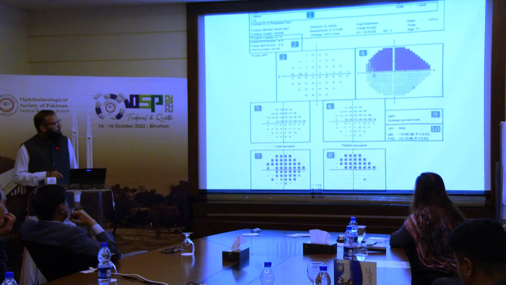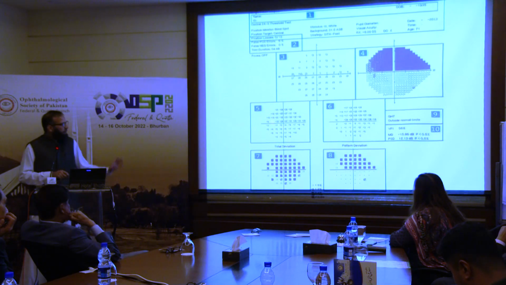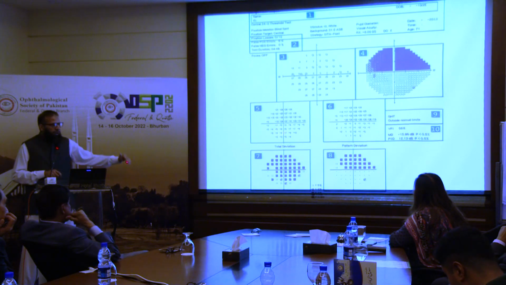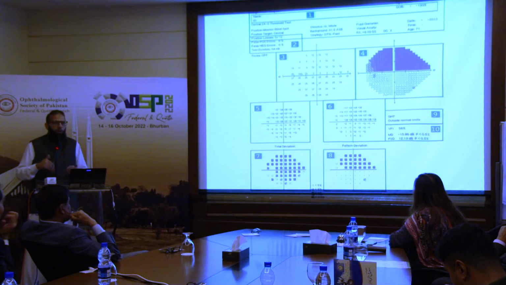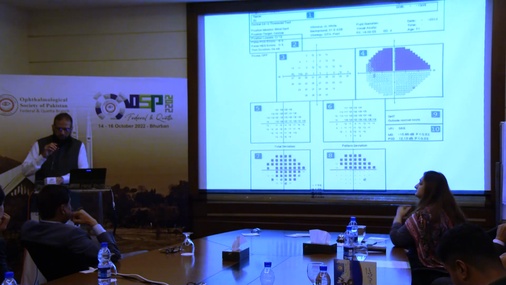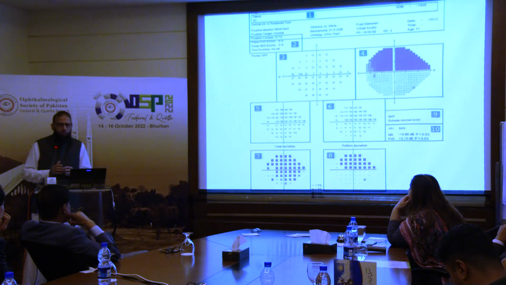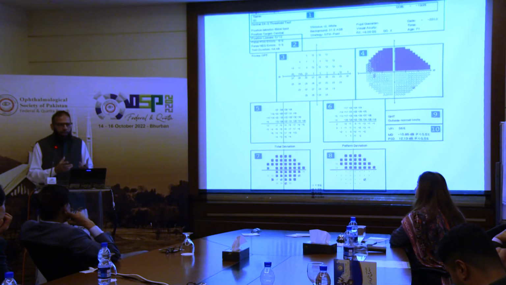Then this is the pattern deviation plot, and this plot is again extracted from this plot. What is done is that after plotting the total deviation plot, these results are again adjusted according to the hill of vision of the patient. We know that glaucoma is mostly seen in old age patients, and in these patients there are other diseases also like corneal haze, cataract, refractive errors, or sometimes amblyopia.